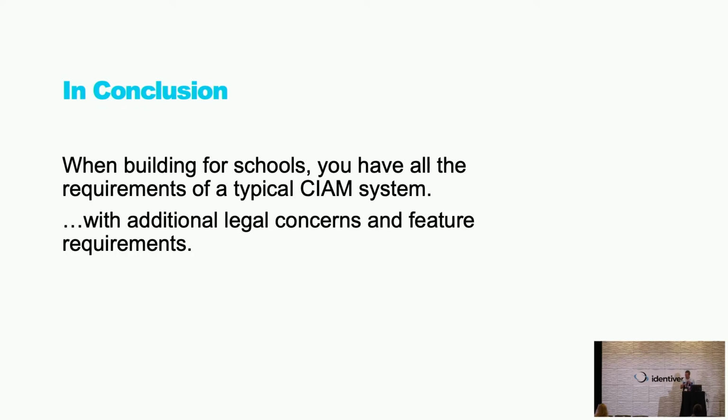And by the way, if you're in a different country, please check out the laws in that country, because every country seems to have their own set of laws around PII, and kids are a commonly protected audience. Then you might have feature issues too, like the integrations I talked about, whether you want to support Clever or LTI.